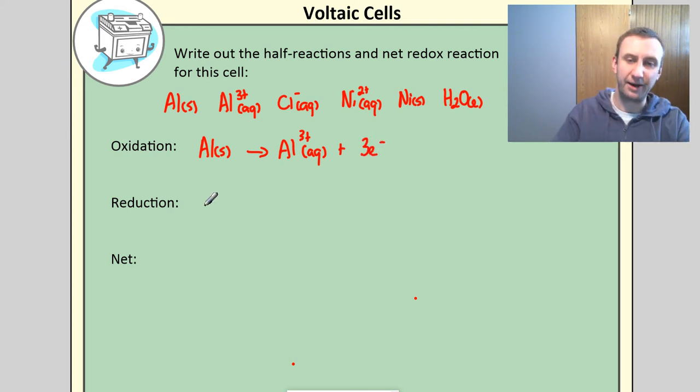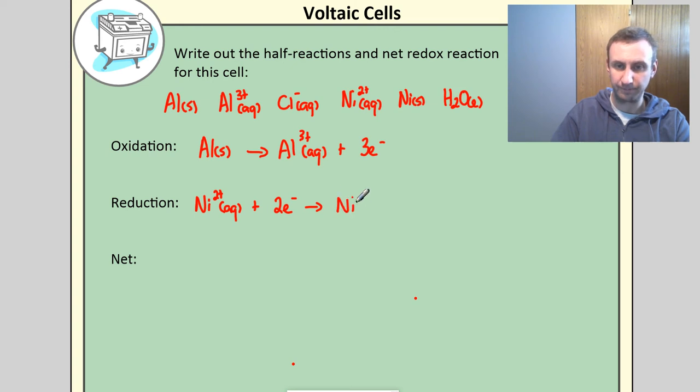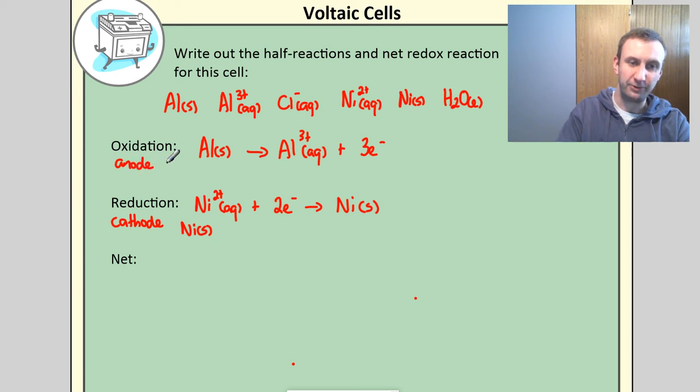And my reduction half reaction is the Ni2 positive aqueous plus 2 electrons gives me Ni solid. So this reduction is going to happen at the cathode. And the cathode is going to be the nickel, Ni solid. While the oxidation is going to happen at the anode. And the anode is going to be the aluminum itself, right?